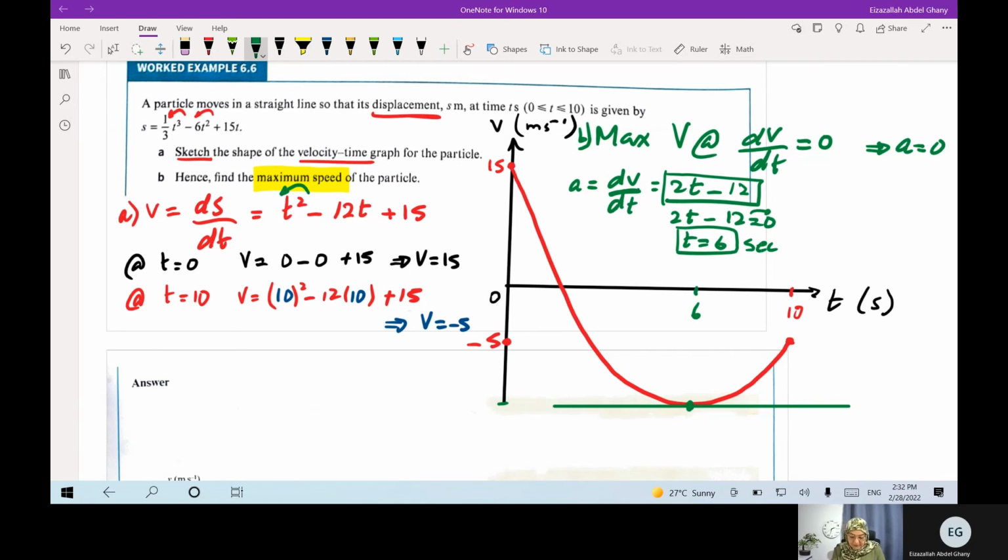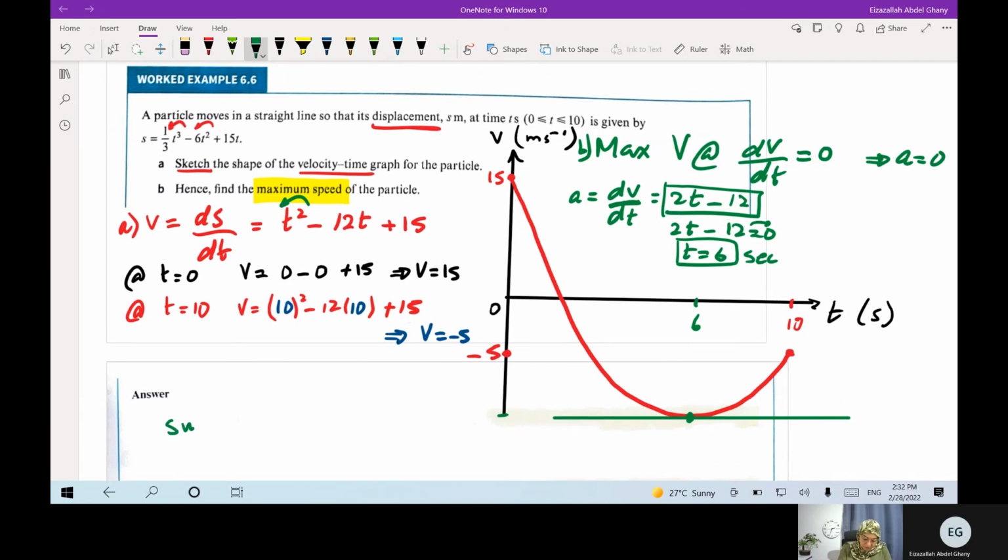He wants to find the maximum speed, you just substitute in Vmax. So now substitute in the formula of V, which we found now. V is t² minus 12t plus 15, and you just substitute inside each bracket with 6 seconds. And calculate it, of course, referring to our sketch, expect the velocity to be negative. Negative means in the opposite direction.